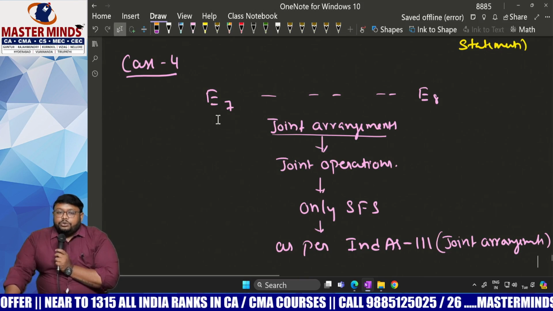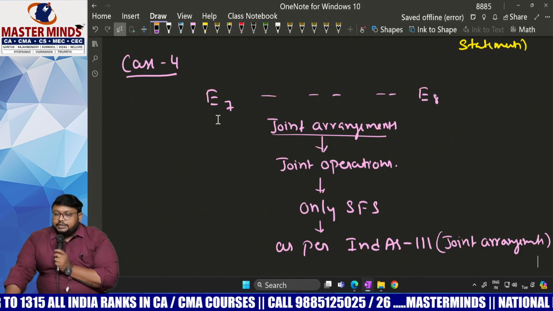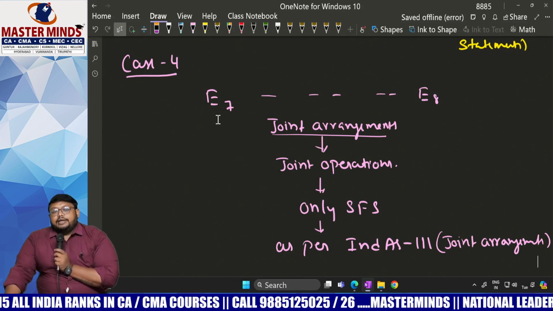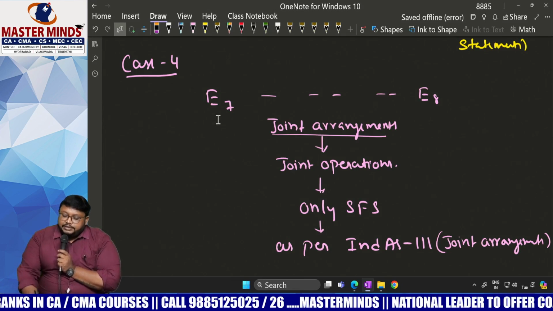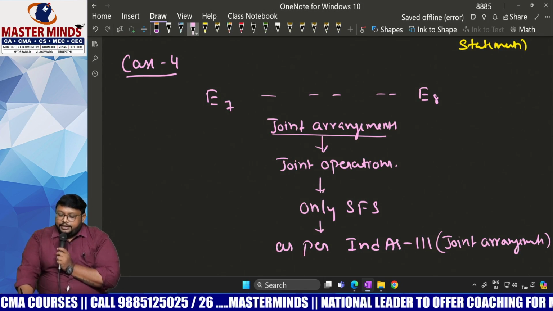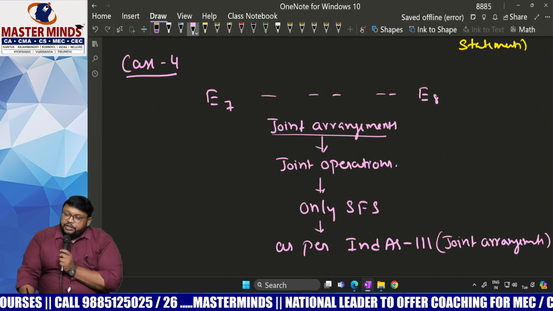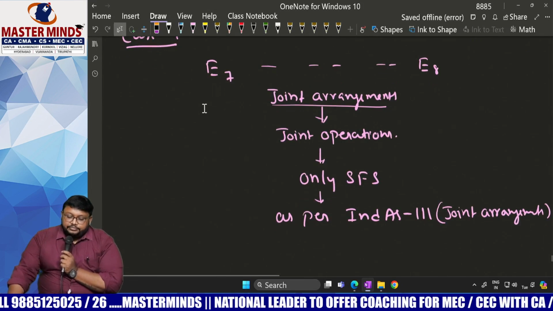So generally, if two companies are doing joint arrangement businesses or joint operation businesses, they will prepare only standalone financial statements. That too, they have to follow the rules of Ind AS 111, that is joint arrangements. This is only an exceptional case, the last case.